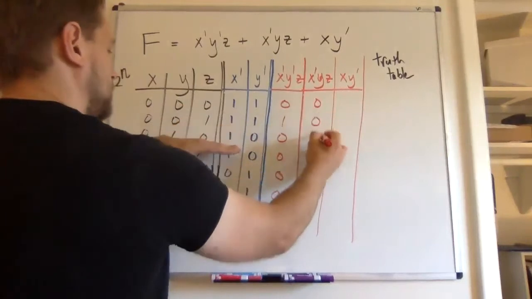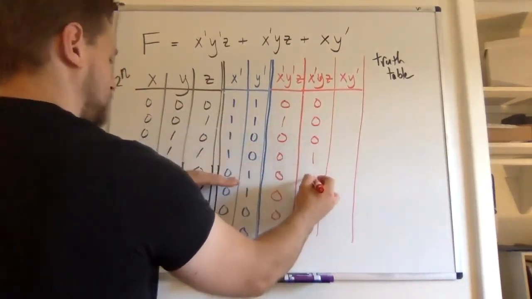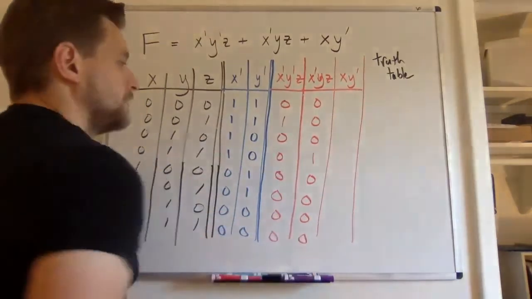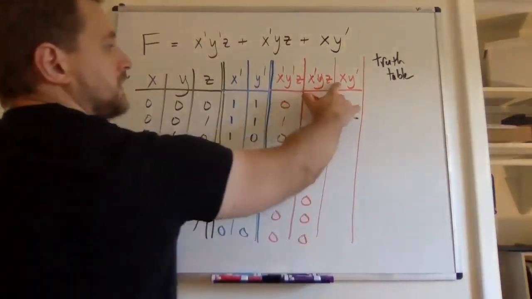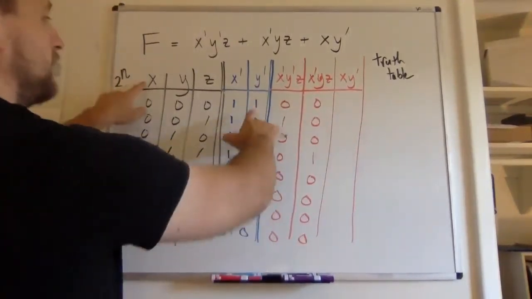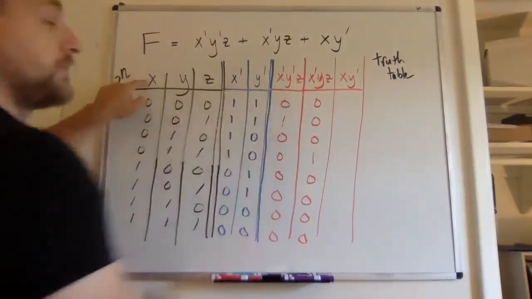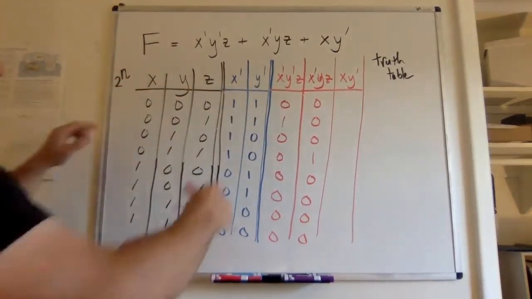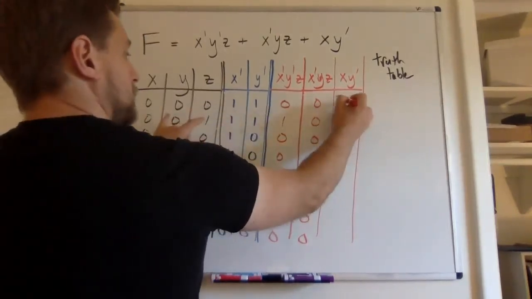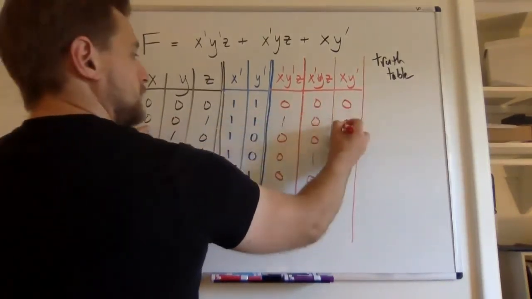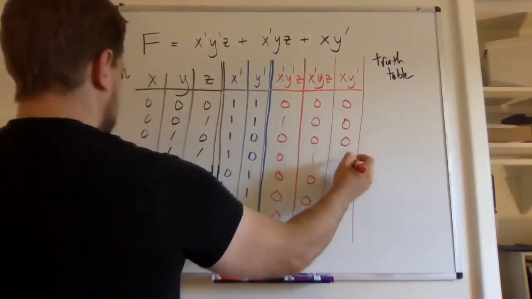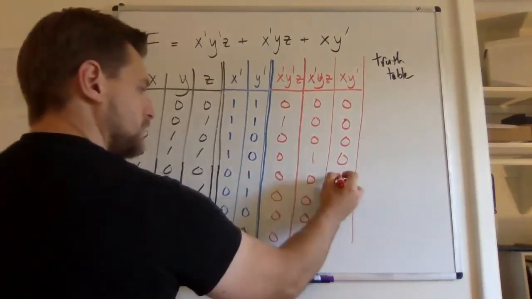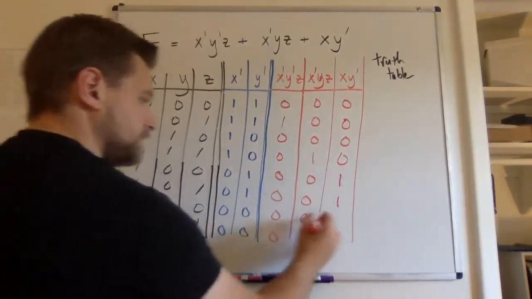No, no, no, yep, no, no, no. X, not Y. All right, we gotta look a little farther. It says this first column and this second blue column, and we need both of them to be 1. No, no, no, no, yes, yes, no, no.